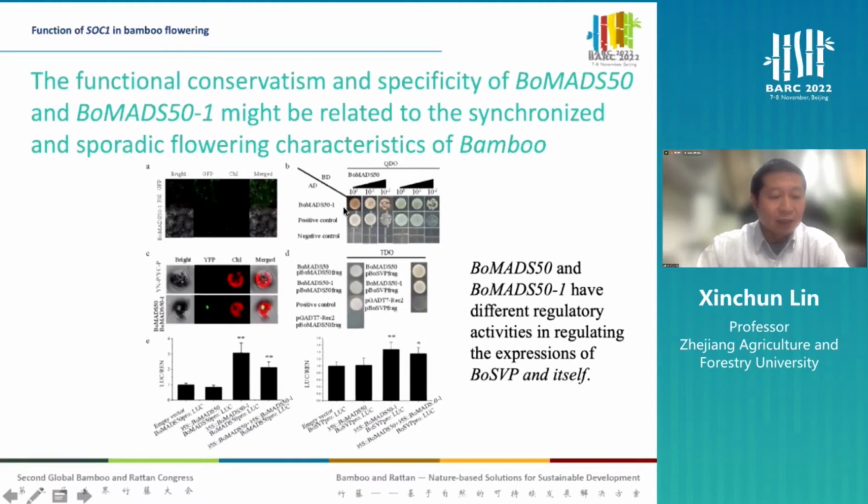But only BO-MAS50-1 can positively induce its own transcription and the transcription of BOSVP. So BO-MAS50 and BO-MAS50-1 have different regulatory activities in regulating the expression of BOSVP and itself.